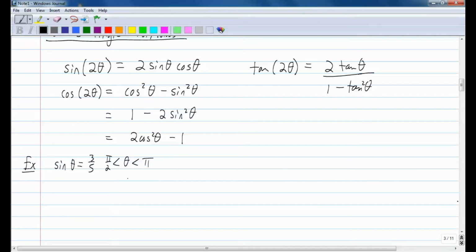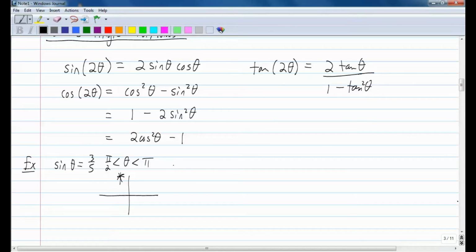Alright, so let's first figure out, where is theta located? Theta is greater than pi over 2 but less than pi, so we're in the second quadrant. We may or may not have to use that, but it's always important we understand where our angle measures are.